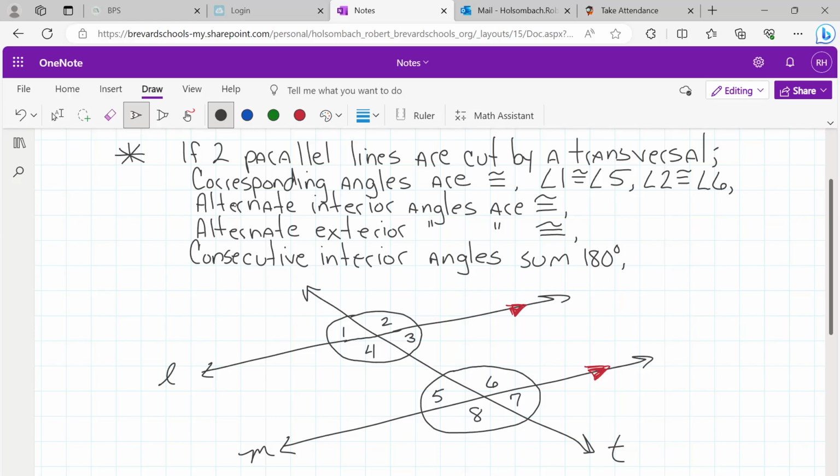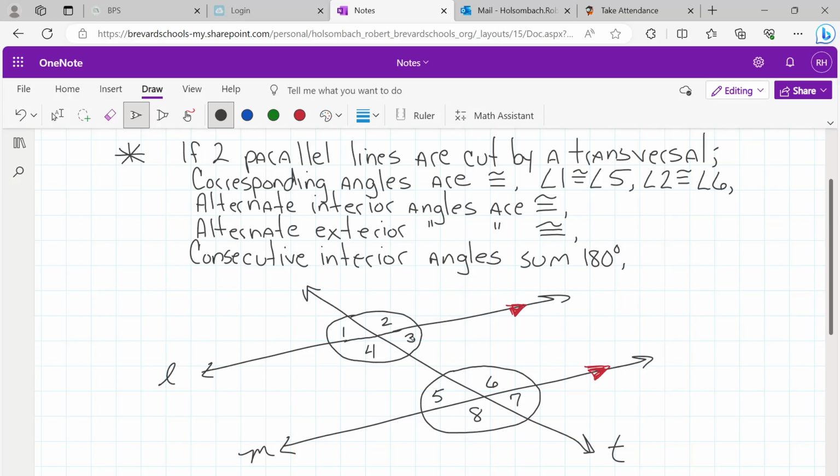All right, alternate interior angles. The region between L and M is the interior, isn't it? And the region above L and below M is the exterior. Alternate means they are on alternate sides of the transversal, and in the interior region of the 2 parallel lines.